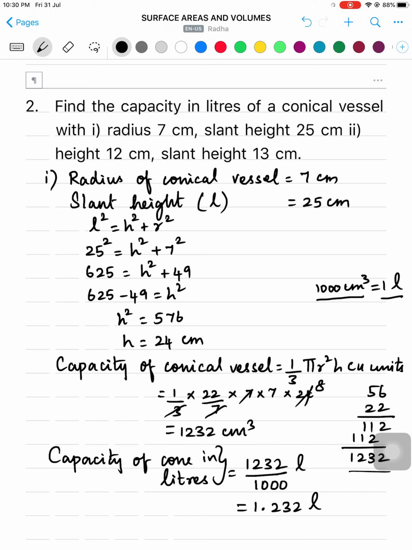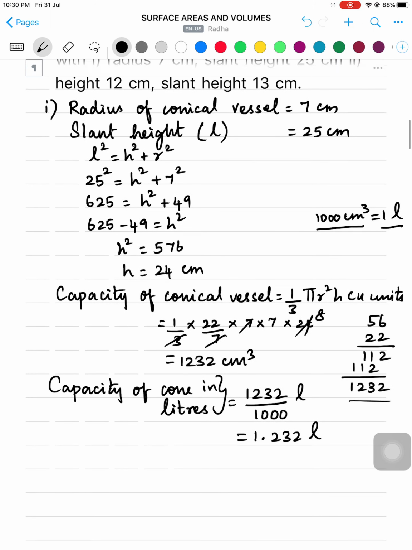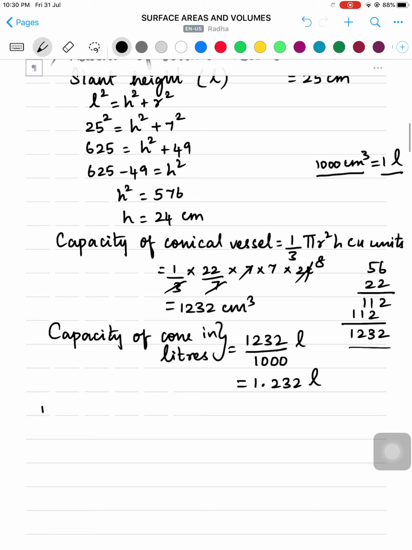And what is the second one we have to find? Here again capacity in liters, but height is given as 12 and slant height is given as 13. So what is the second one? Height is given as 12 centimeter and slant height is given 13 centimeter. So we need to find the radius here to find the capacity.